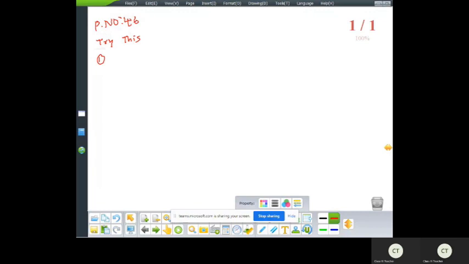See, question number 1. Rani has rupees 342. Akhil has rupees 125 less than Rani.